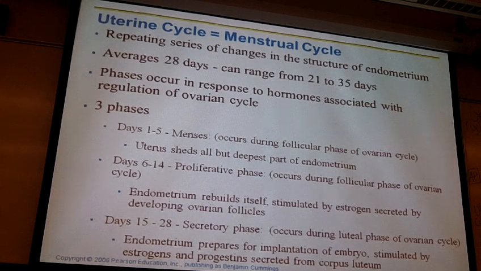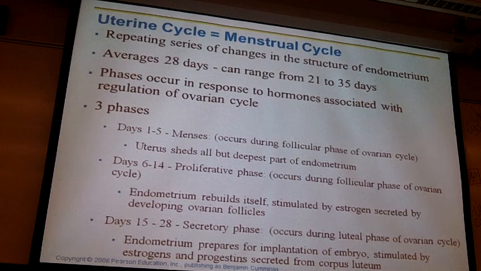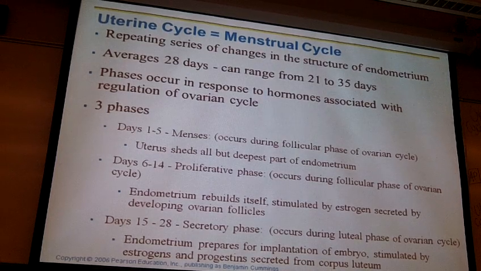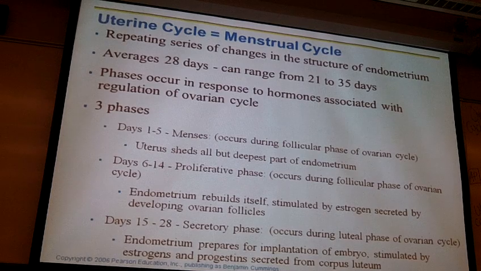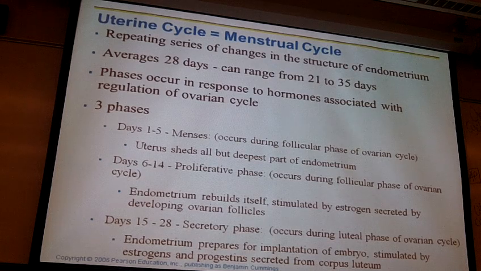Now, what the uterus is doing is the endometrium is going to change to get ready for a possible implantation. So if there's a fertilization that happens up here through the ovarian cycle, we want to make sure that the uterus, the endometrium, is nice and thick so that we can have implantation.